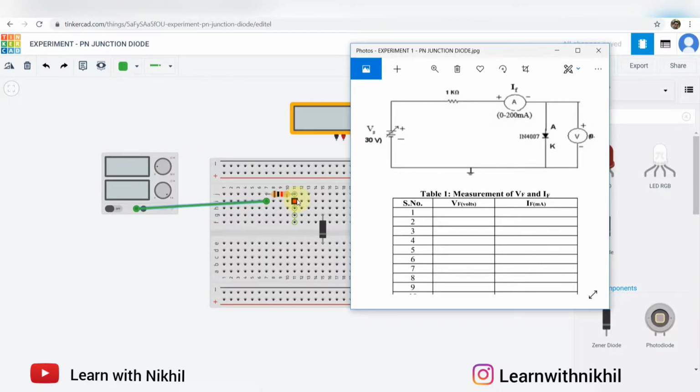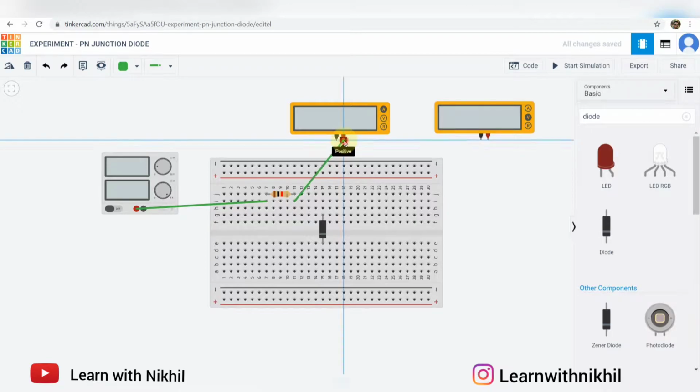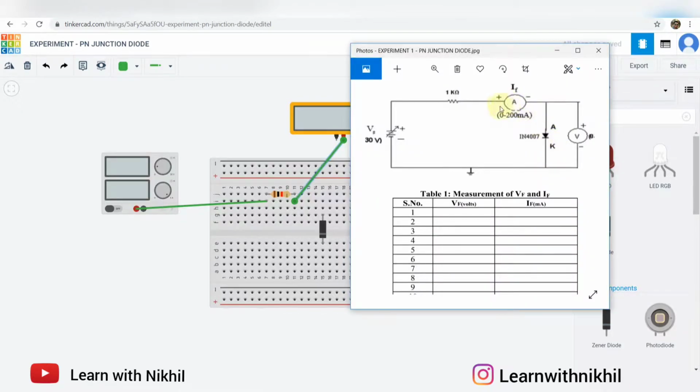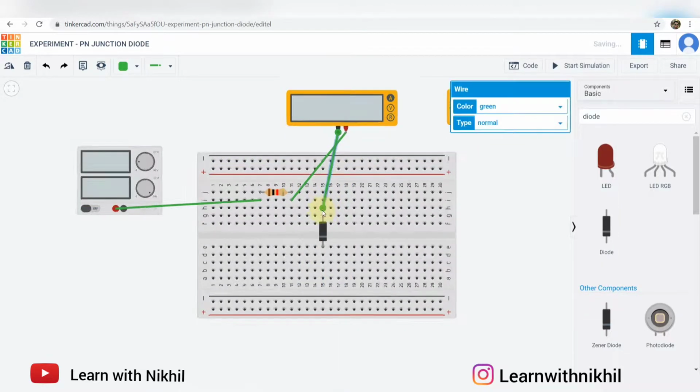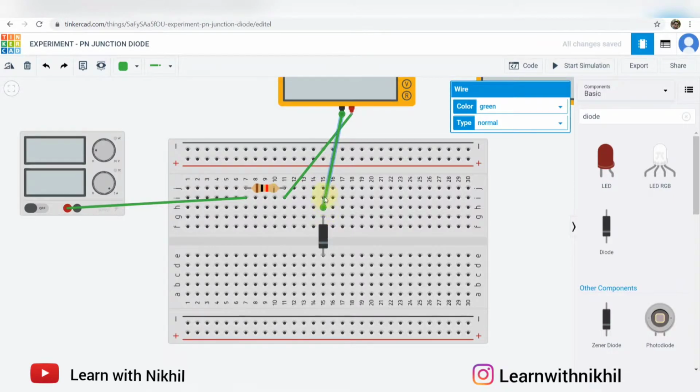So second terminal, I'll take a wire from this end and then attach to the positive of ammeter. Now negative of ammeter is connected to the positive of diode. So this is in forward bias condition. So positive is connected to positive, negative is connected to negative of power supply.